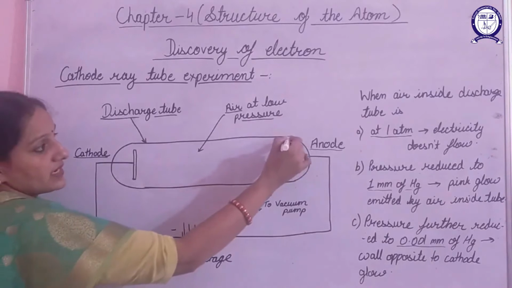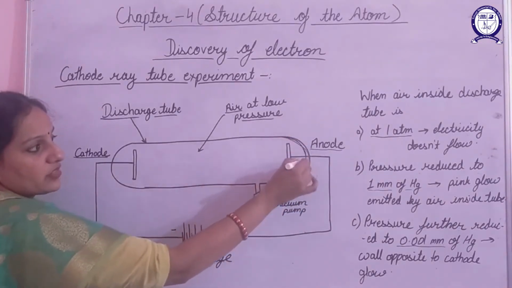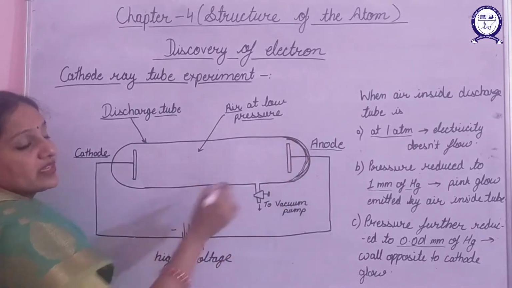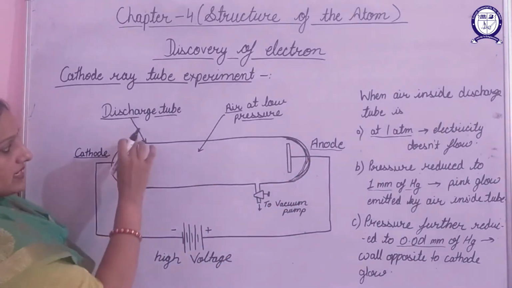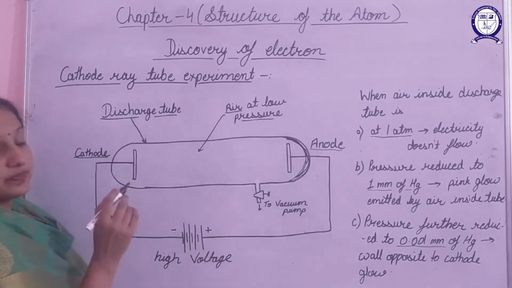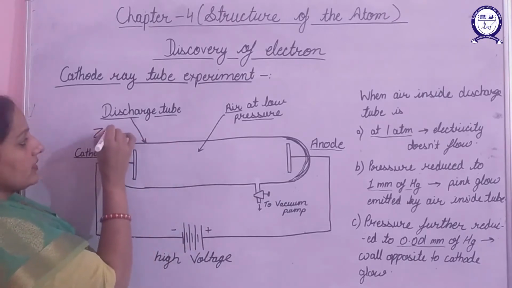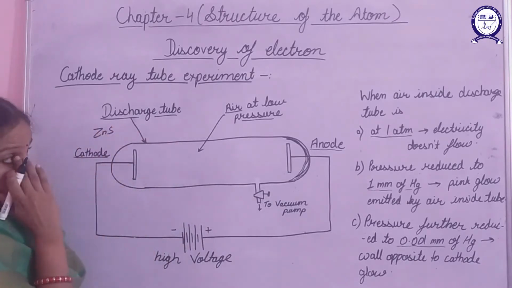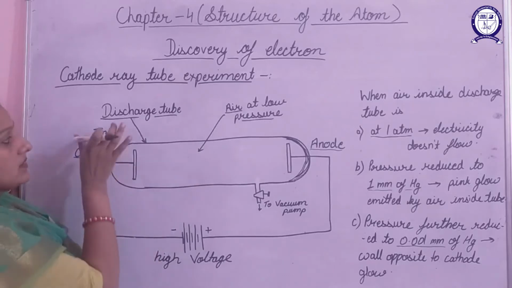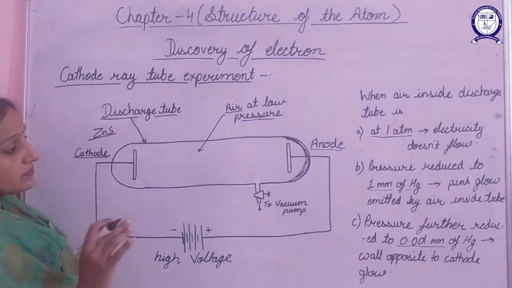The side, that is the wall behind the anode or the wall opposite to the cathode, starts to glow with a green color. The scientist coated this discharge tube with zinc sulfide. When high energy particles strike a layer of zinc sulfide, it starts to glow.